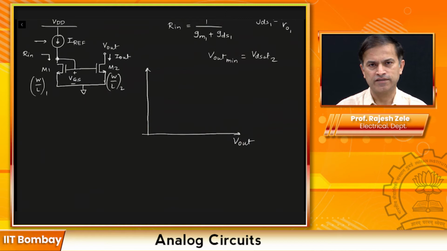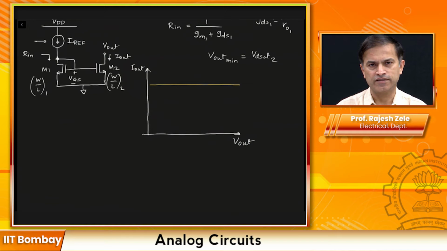So if we plot this, this is your I out versus V out. Ideally, what we would like to see is that an ideal current source looks like this: it should be all flat. It doesn't matter what V out is, I should always get I out.